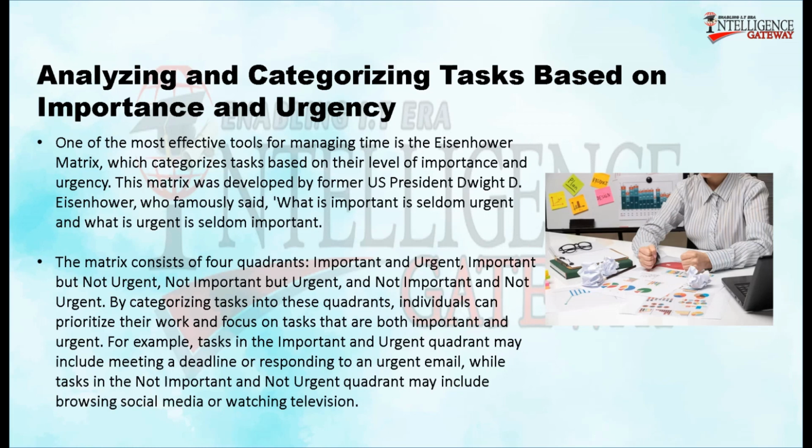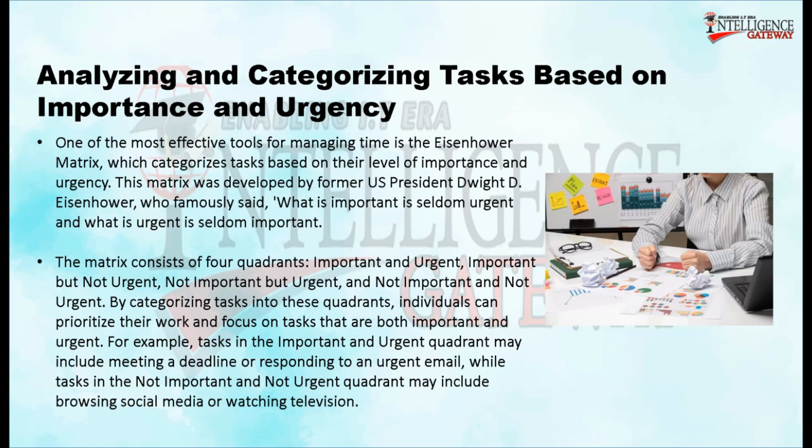The matrix consists of 4 quadrants: important and urgent, important but not urgent, not important but urgent, and not important and not urgent.